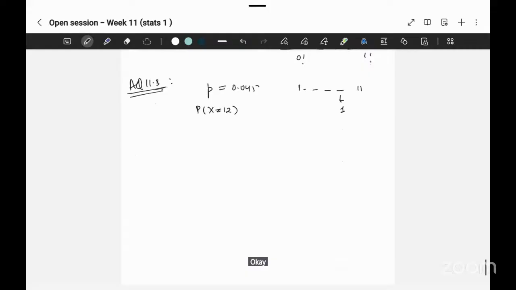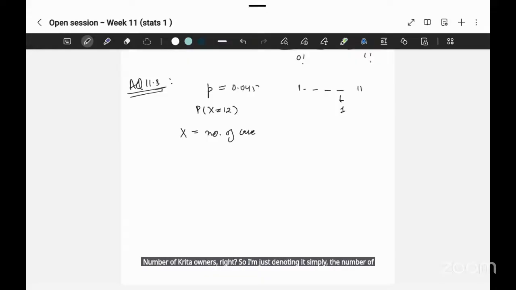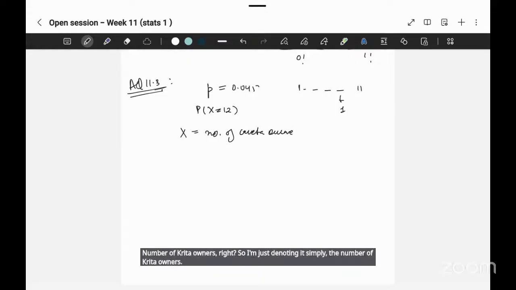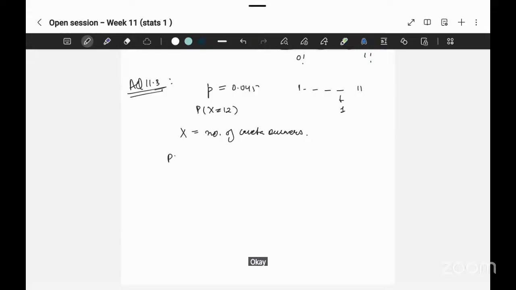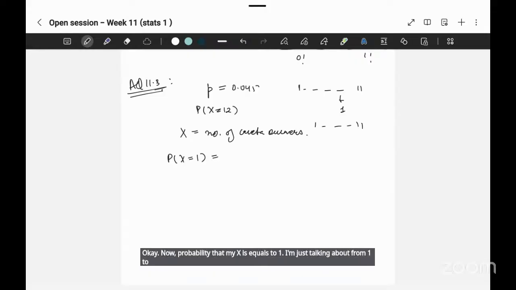Okay, so now I'm denoting that X is the number of Creta owners. Now the probability that X equals 1. I'm just talking about the first 11, because for the 12th we already know that the 12th person has the second Creta. So from the 11 I have to find the one person who has that one Creta.